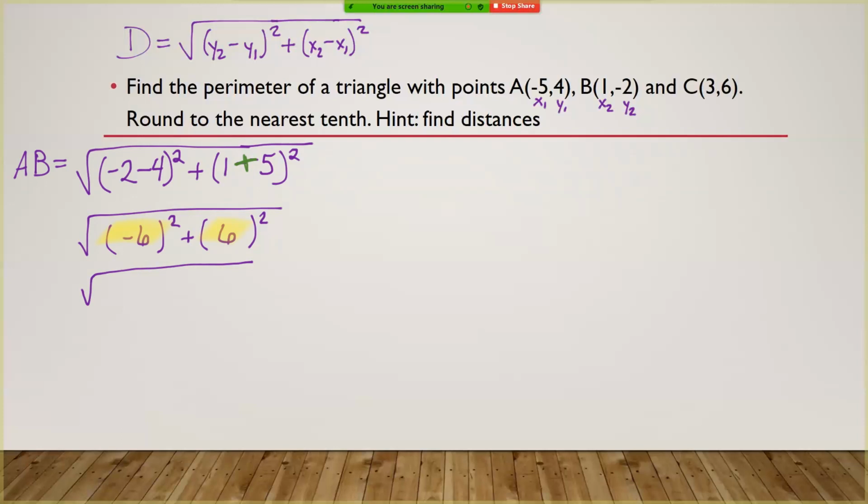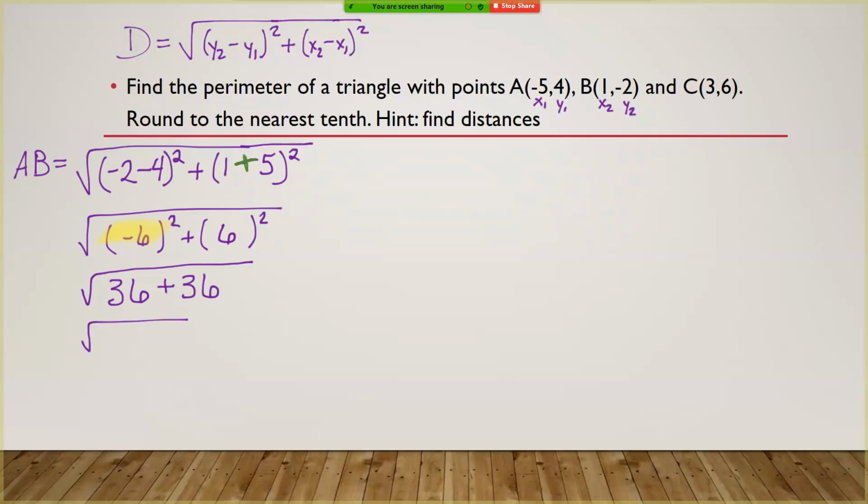Notice that for this first one, the negative is inside the parentheses. So if I was to use a calculator, I will put parenthesis, -6, close your parenthesis, and then hit the square button. That just means -6 times -6, which is +36. And then for the second one, 6 squared, well, 6 times 6 is again 36.